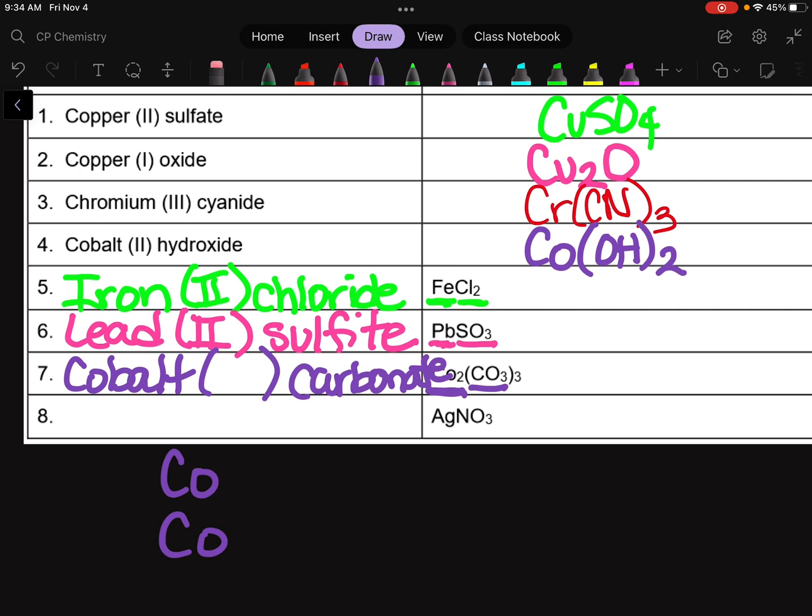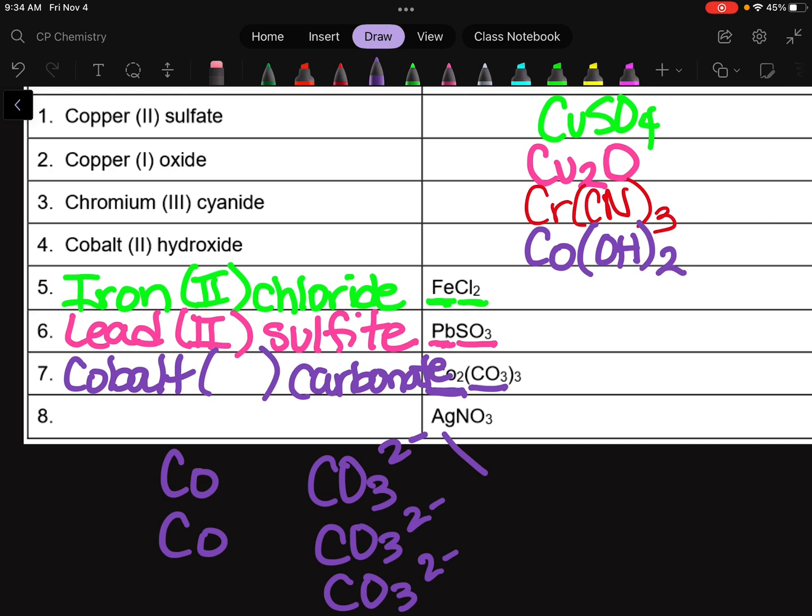All right, there are 3 carbonates. And carbonate has a -2 charge. So each one of these has a -2 charge. So the total negative charge is 6. So these 2 cobalts have to add up to +6. So each one would have a +3 charge. So the Roman numeral behind cobalt is 3.